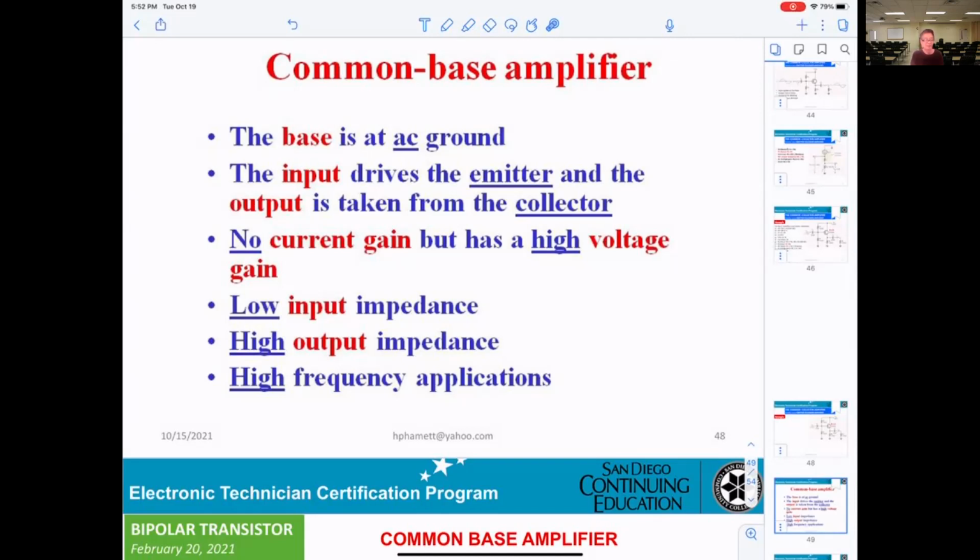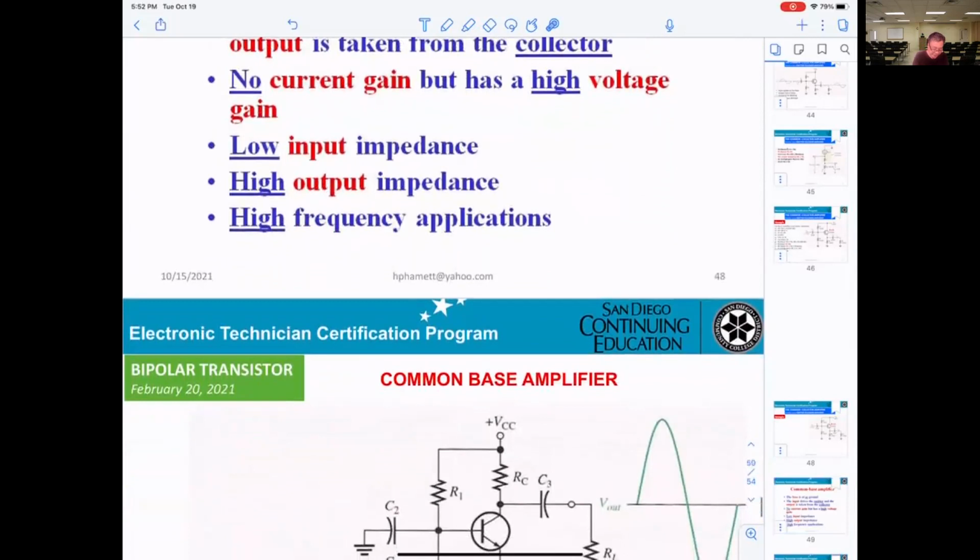When designers design circuitry, if they want low input impedance, they can use common base. Or if they want high output impedance, they can also use common base. And also the difference from common collector: common base gets a higher voltage gain.